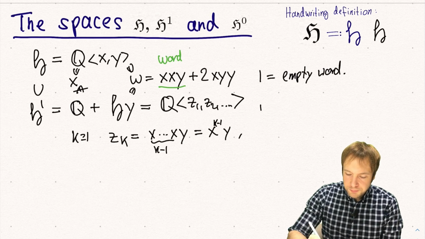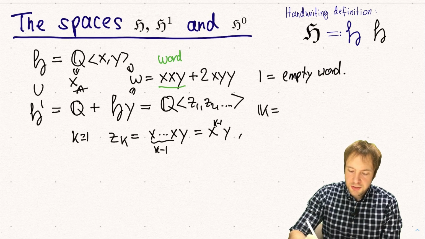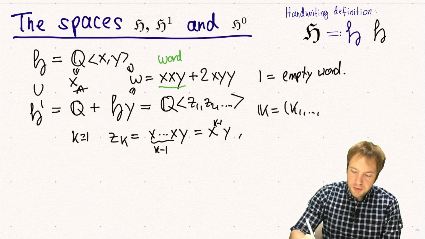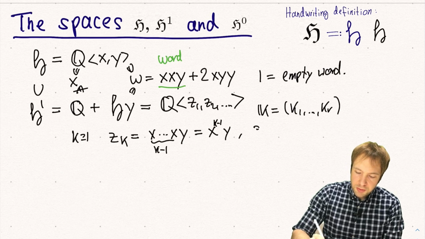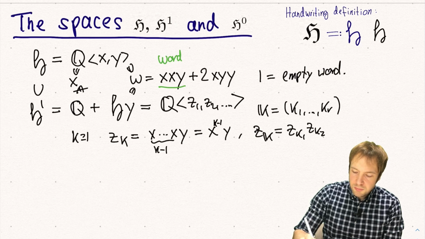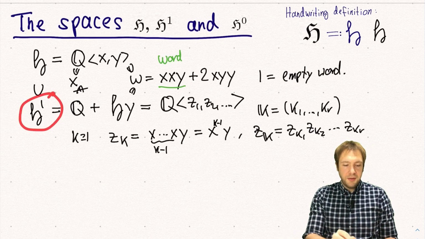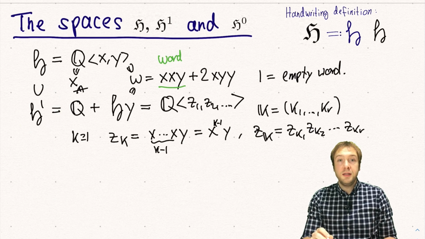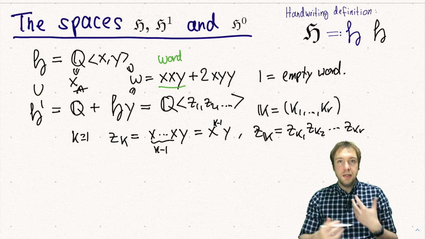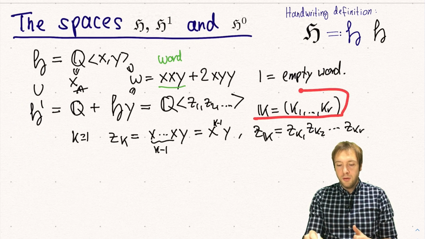So in particular, another notation, if we have an index k1 up to kr, we define z of this index to be z of k1, z of k2, up to z of kr. So in other words, this h1 can be seen as all linear combinations of these z_k, so somehow it corresponds to linear combinations of all indices.